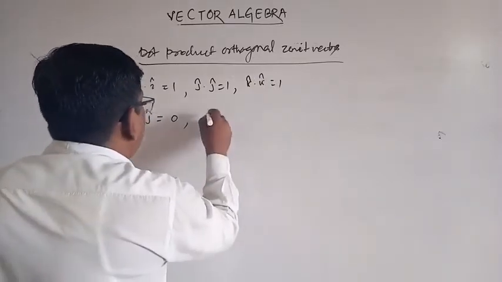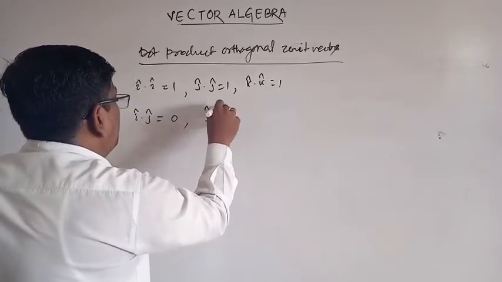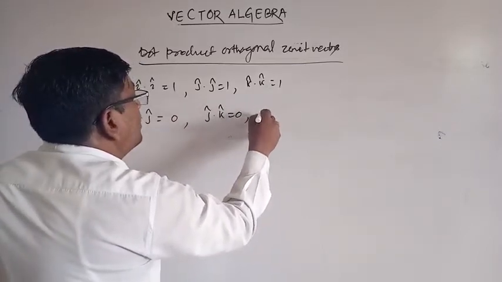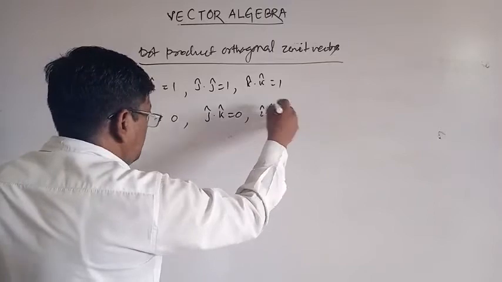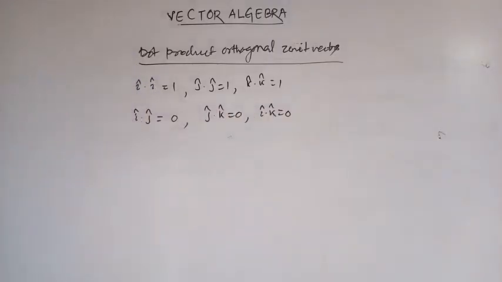Okay, then J dot K is equal to 0 and I dot K is equal to 0. Correct?